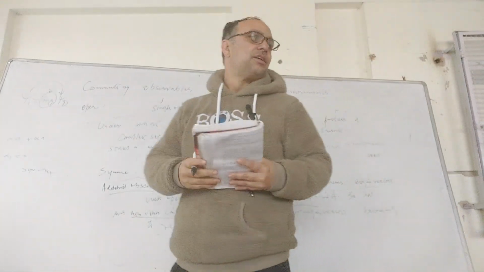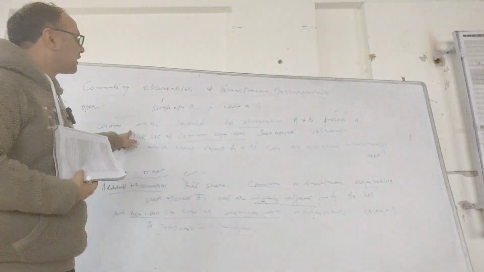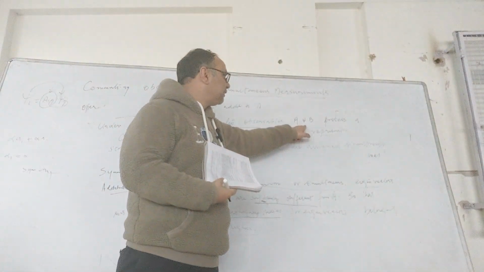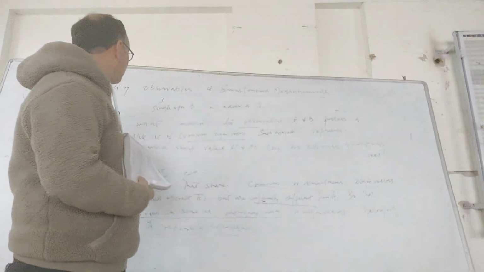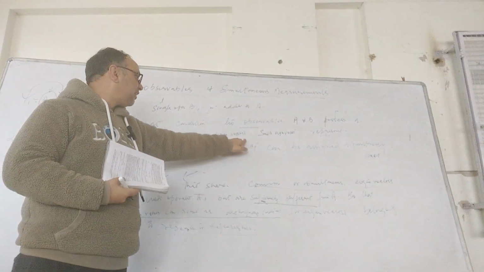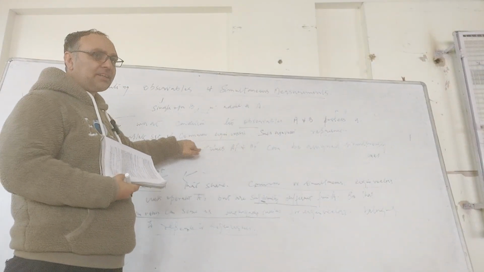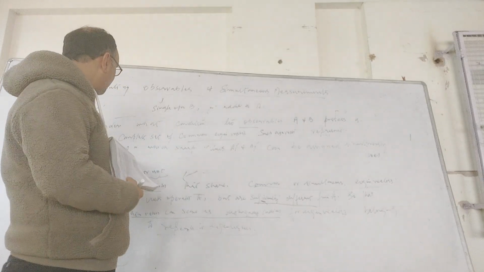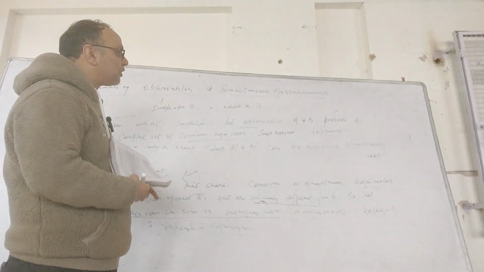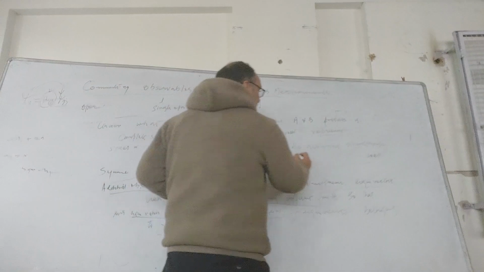So this is the important thing. So we have to see under what conditions observables A and B possess a complete set of common eigenvectors. ठीक है? Such vectors represent states in which sharp values of A and B can be assigned simultaneously.